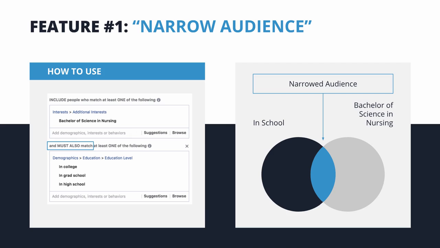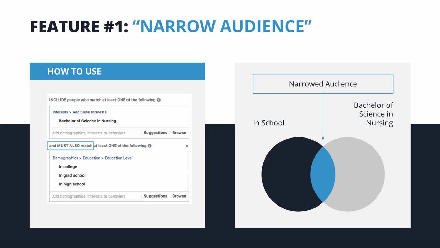Well, I used a little bit of a narrow audience in some of the ads. I targeted people that were interested in the Bachelor of Science in Nursing, so this is a nursing degree. And I also used this box. See on the left hand side it says must also match. I made it so they also had to be in high school.